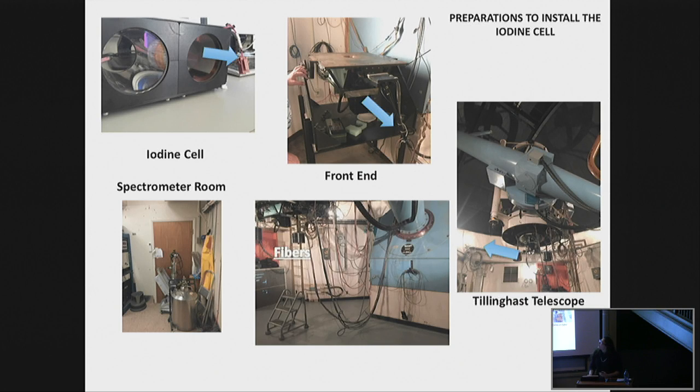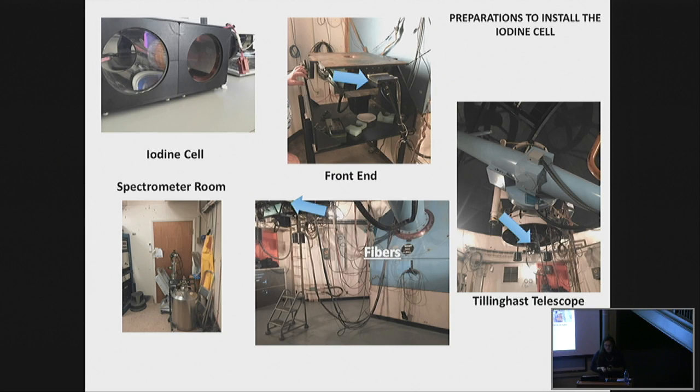We install the iodine cell in the front end of the telescope, which is mounted right underneath the bottom of the primary of the Tillinghast. Ideally, once we have the iodine cell, we'll be able to take this superposed reference and stellar spectra and feed it through the fibers back into the spectrometer room.